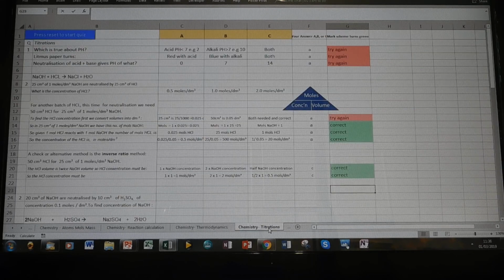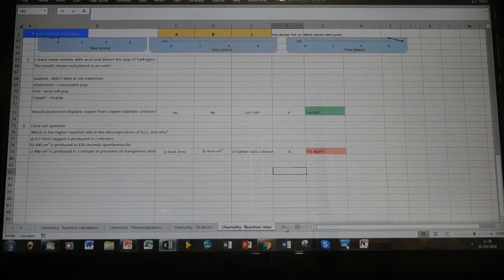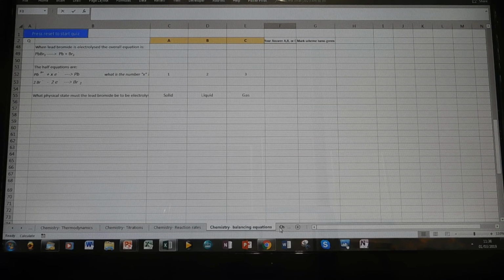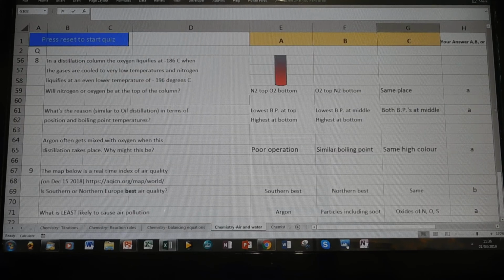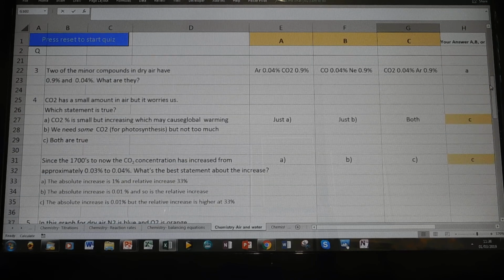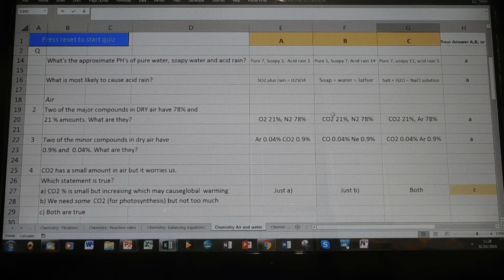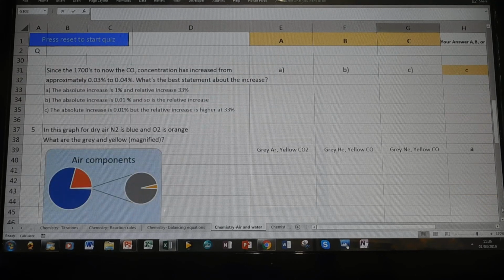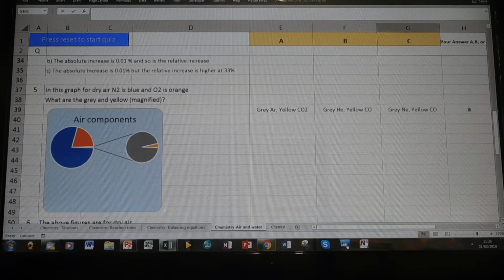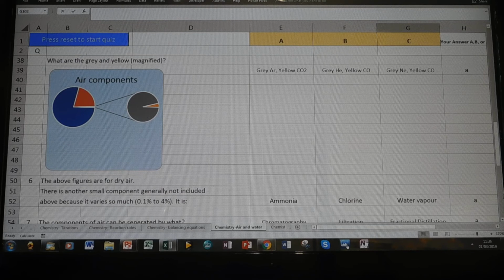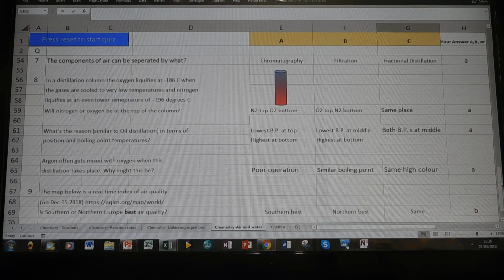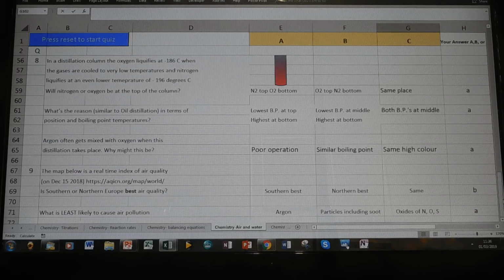I'll carry on clicking through to this one here, air and water, and there are questions about the percentage of air, nitrogen, CO2, etc. A pie chart, how to interpret a pie chart in terms of the composition of air, and wider questions in maths about this particular topic.